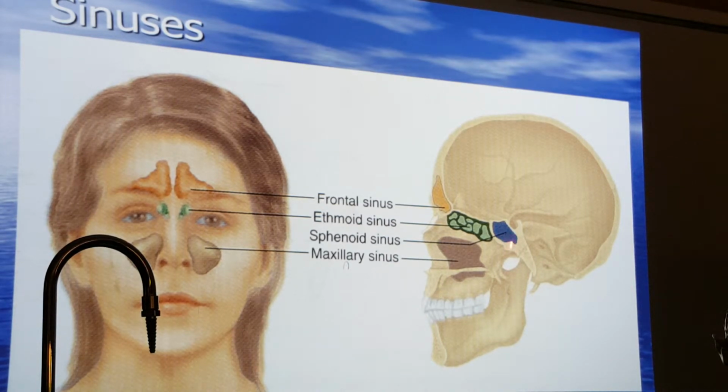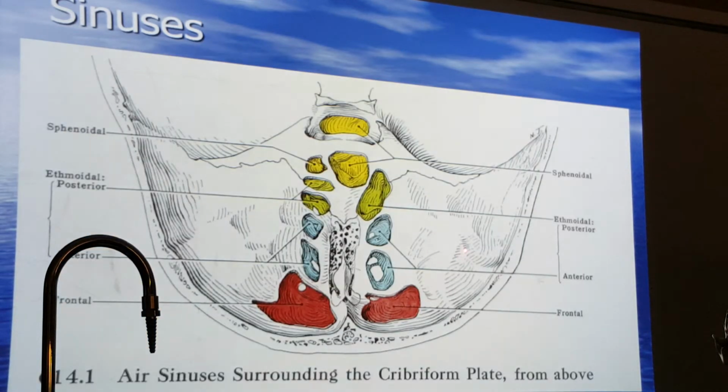The sphenoid sinus is easy to locate because it's right in the center of the cranium. So if you look at a mid-sagittal MRI, you will always see the sphenoid sinus. The largest sinus is the maxillary sinus, and that shows up nicely on axial slices. Okay.